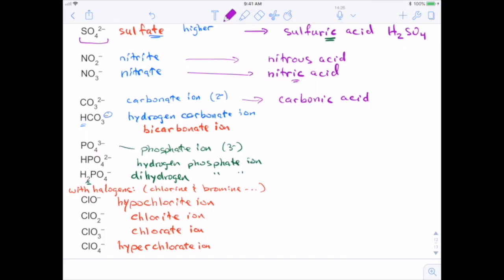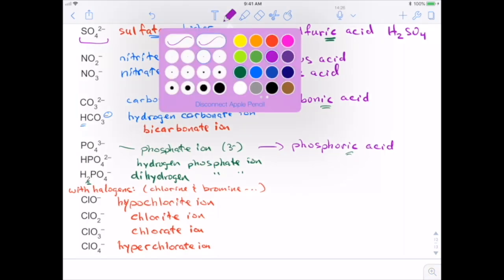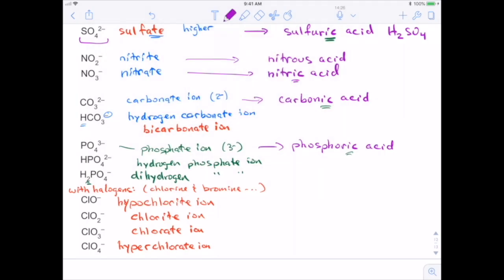Now for CO3, there's only one, so this would form carbonic acid. With the phosphate, this would be phosphoric acid. Again, there's only one to choose from, so we only have the one suffix, ic. And then finally, when you get to ones like with the halogens, we have 4 choices.